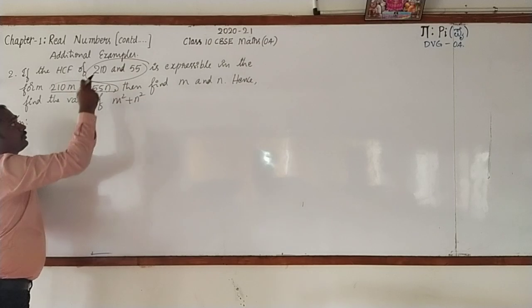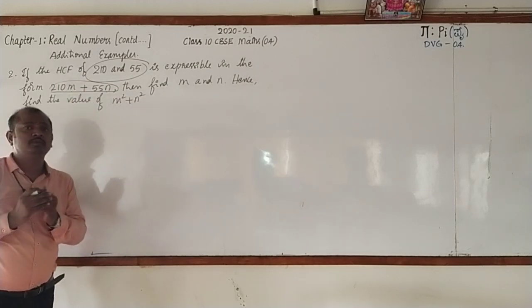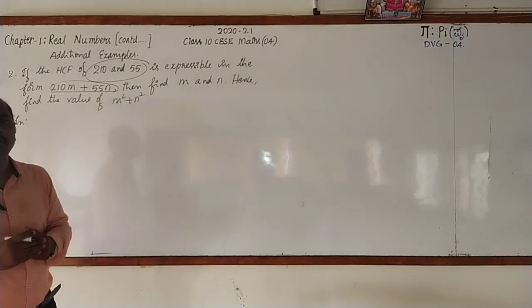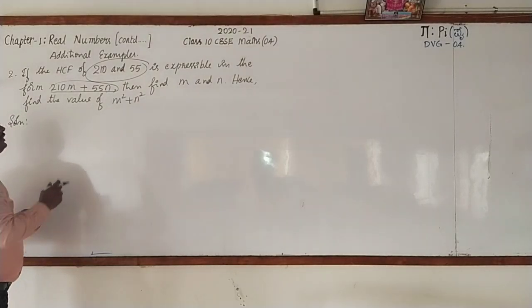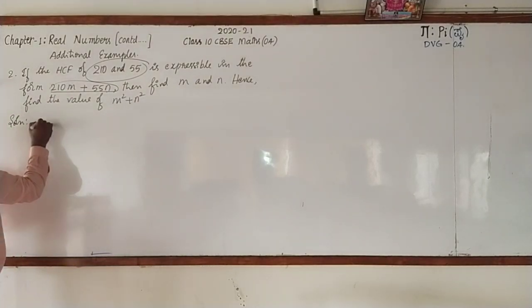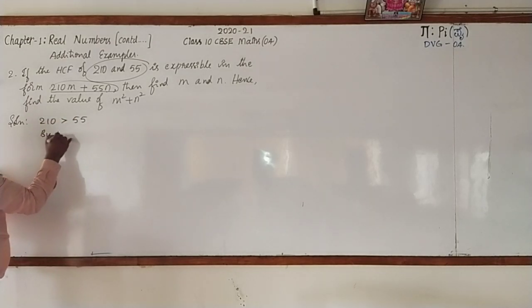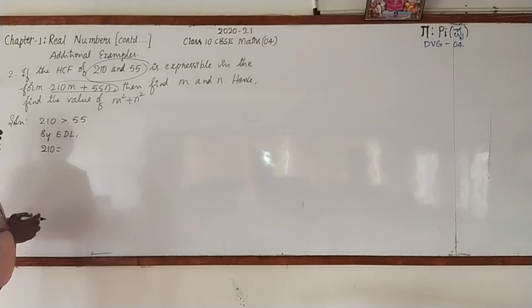Do you know the HCF of 210 and 55? Don't know? Let us find that. Here I will write 210 is greater than 55. Then by using Euclid's division lemma, 210 is equal to 55 times something.